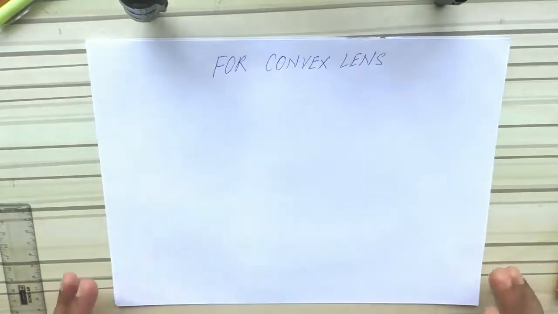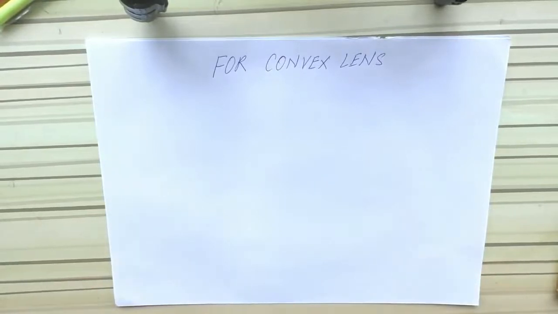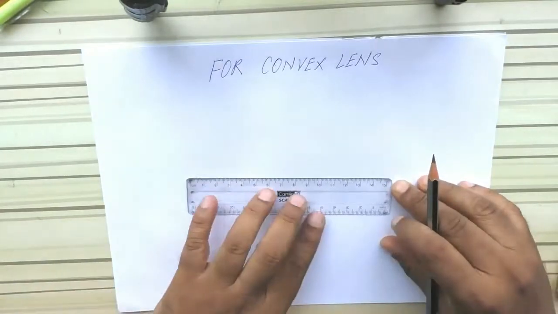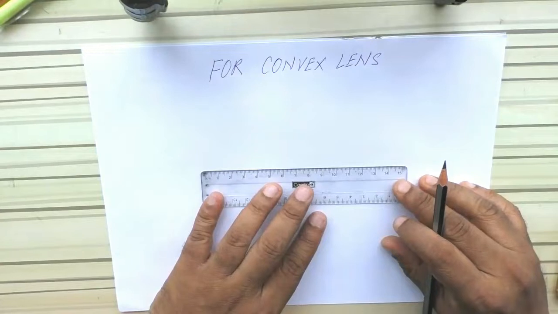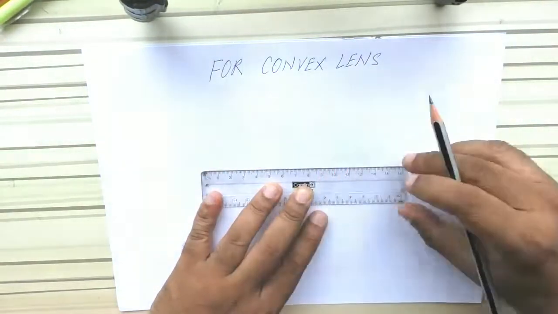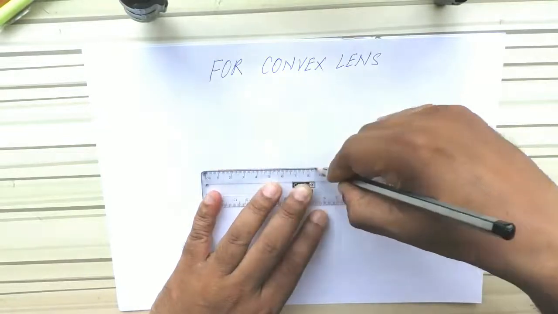In this part, let me show you how to draw convex lens for ray diagrams and do the different labelings. For drawing the convex lens, at first you can do one thing. You can draw a straight line 10 to 12 centimeter in length.